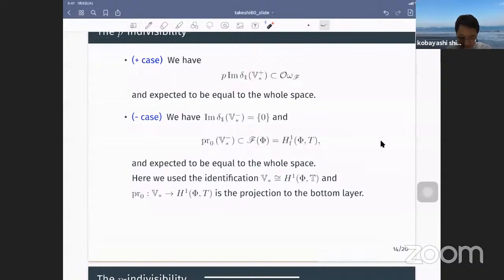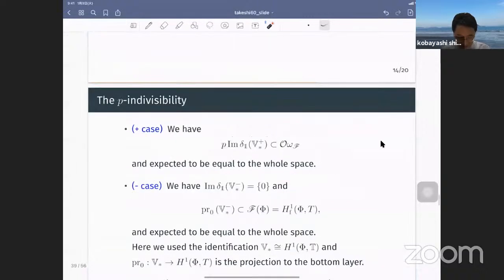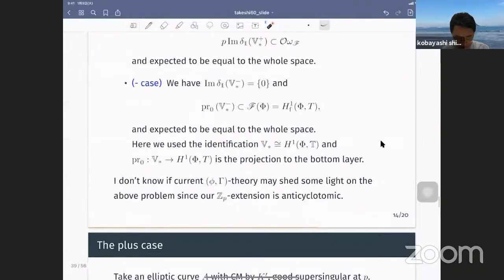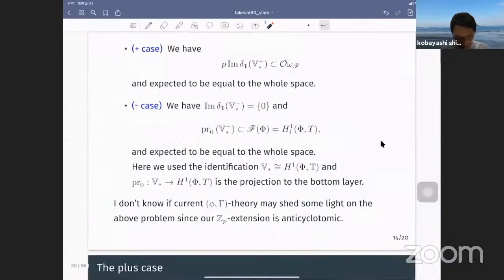And we expect this should be equal. And this is a purely local statement. So it is natural to prove it by local tools like phi-gamma theory.